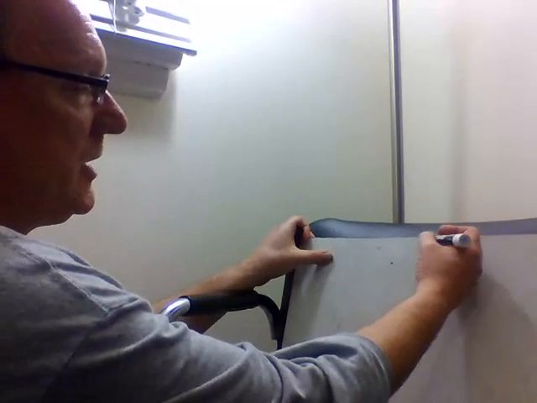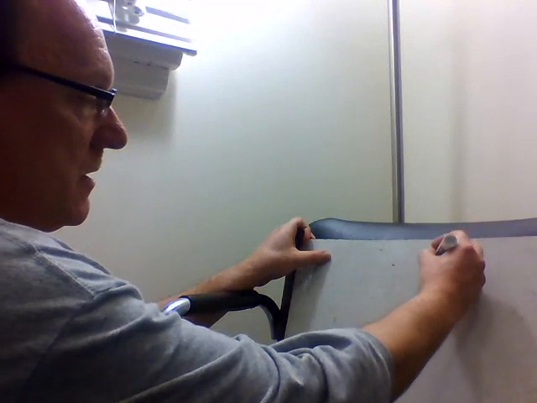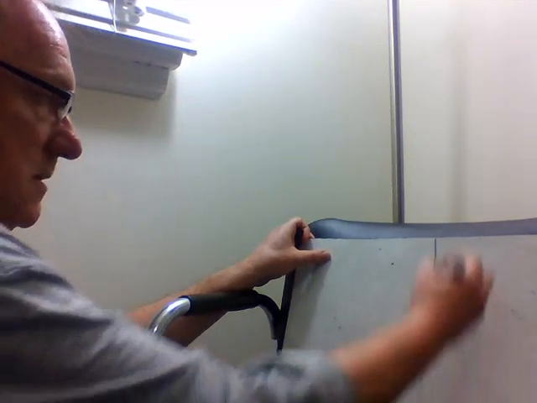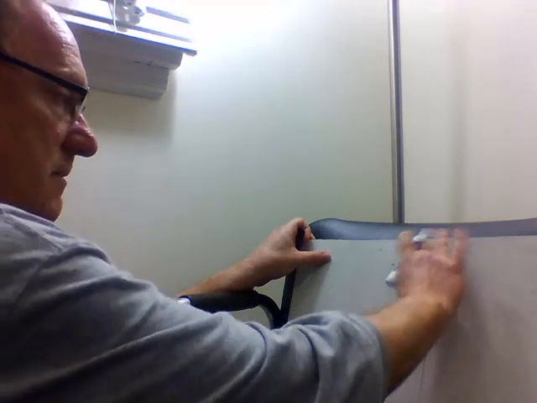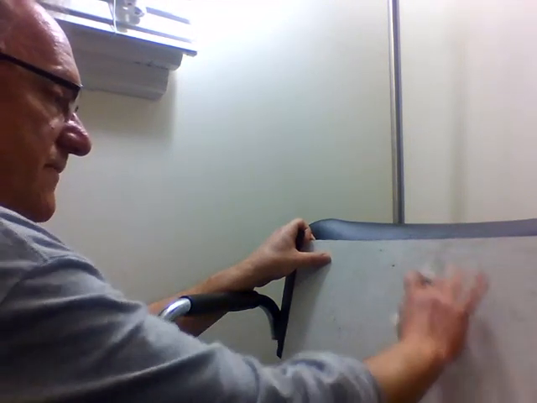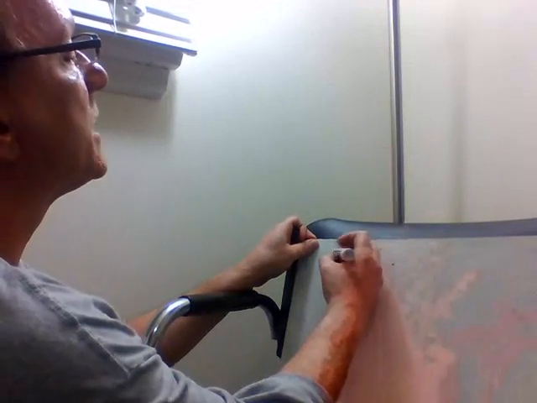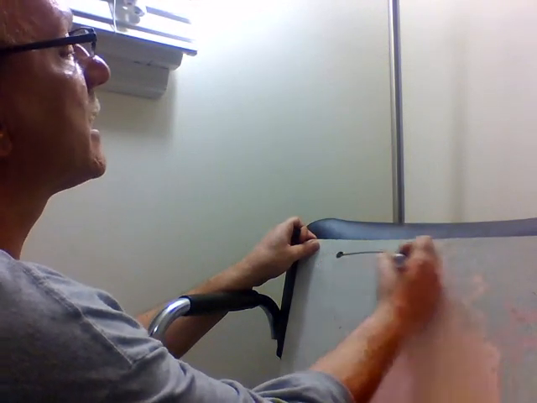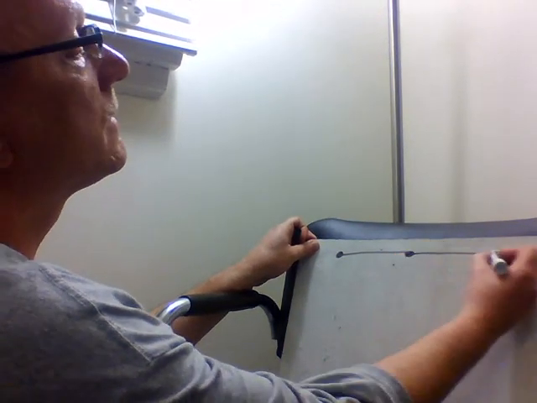Okay, this is what I would like you to do next. I would like you, if you need to, put your computer on or pause the video and grab some scrap paper and a pencil, and we're going to make a 3-dotted line.